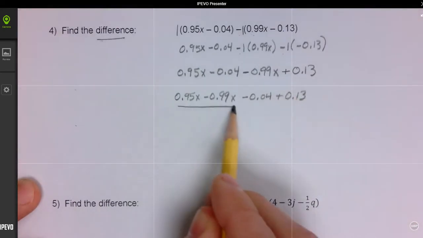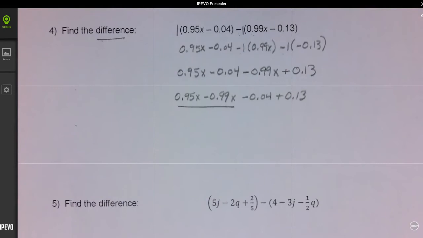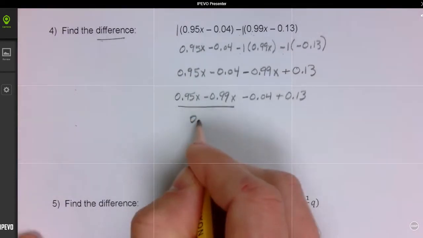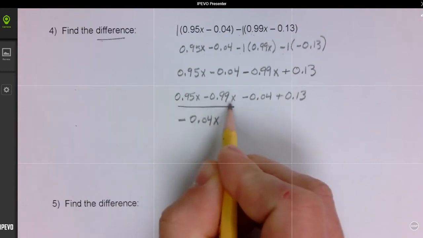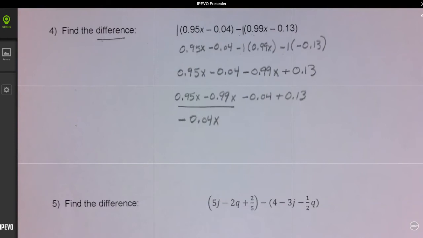And now I'll go ahead and combine my similar terms. With my variable terms, these are different signs, so I'm going to have to subtract. 99 hundredths x minus 95 hundredths x is 4 hundredths x. And it's going to have to be negative because negative 99 hundredths x has the greater absolute value.